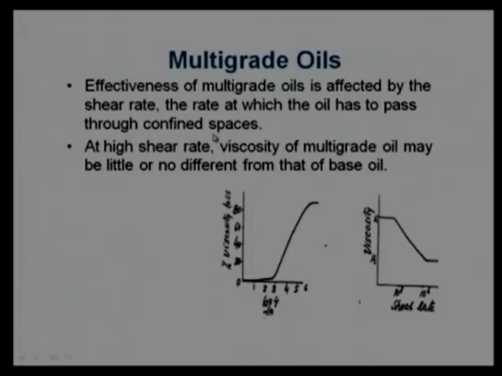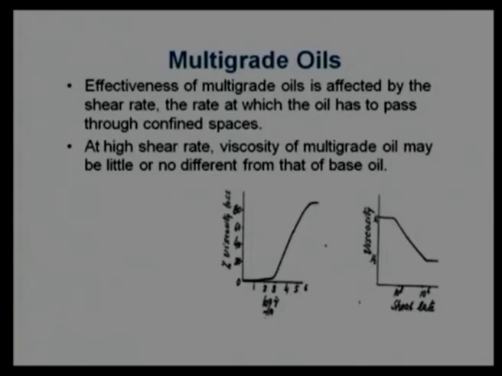In a narrow space, a convergent space, oil is pushed through that space and it will shear. It will reduce viscosity, so that at a high shear rate, viscosity of multigrade oil may be little or not different from the base oil. This is shown in this diagram. See that when shear rate is low, viscosity is high.